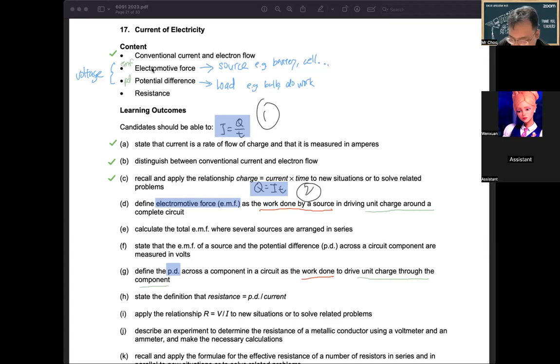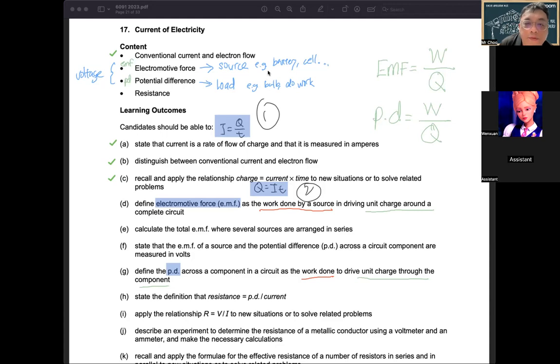Basically, are you convinced now? EMF is actually the work done to drive one unit charge around the circuit. Whereas PD, potential difference, is also the work done to drive one unit of charge past the component, or past the load. You can let the component or load be the bulb.